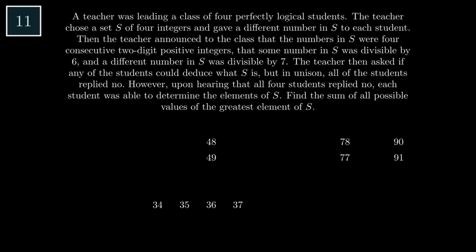If I got 37, the set S might contain 38. Who knows? So none of the students were actually able to figure out what the set S is. But when everyone knows that none of them have been able to figure it out, they can eliminate the first and third possibilities. Now they know, oh, it must be that specific set, 34, 35, 36, 37.